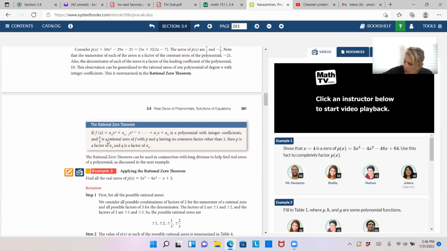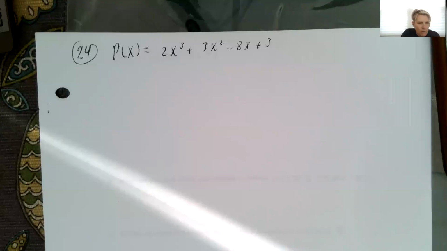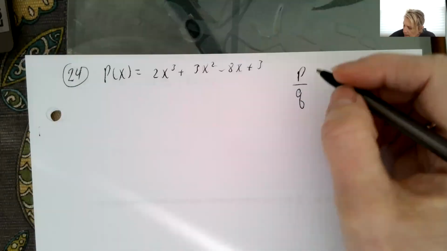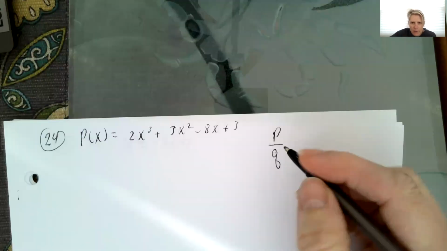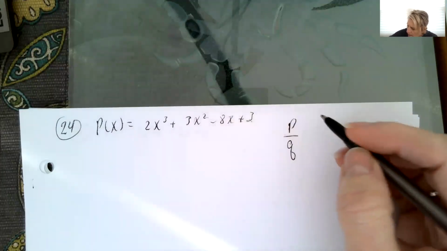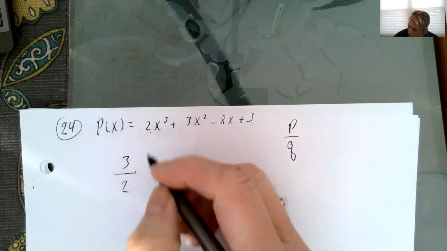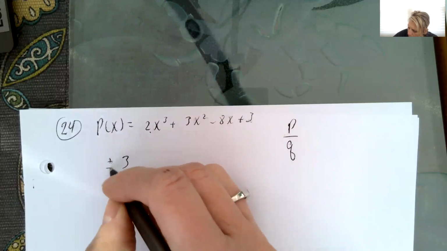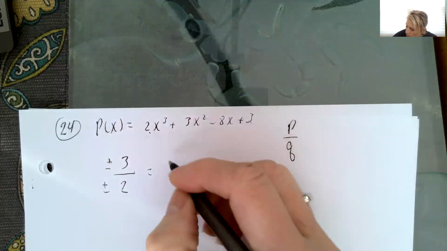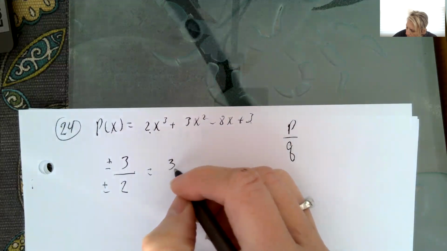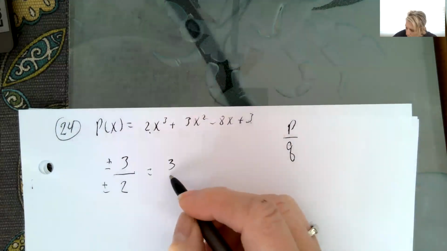So p divided by q. We're looking at all the possible factors here, where p are possible factors of your 3 over your possible factors of 2, plus and minus. So you could have 3 by itself, 3 over 1.